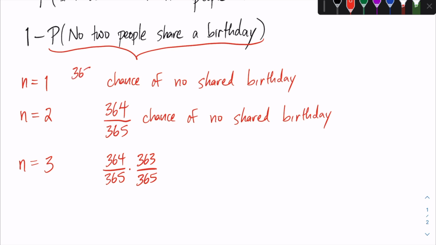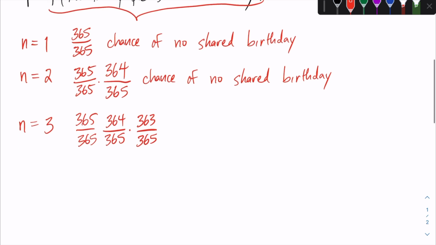You can see that actually we can extend the pattern out. There's a 100% chance of no shared birthday here, 365 over 365. So that's just multiplying by 1, and same deal here. Okay. So for general n, what is it going to be?